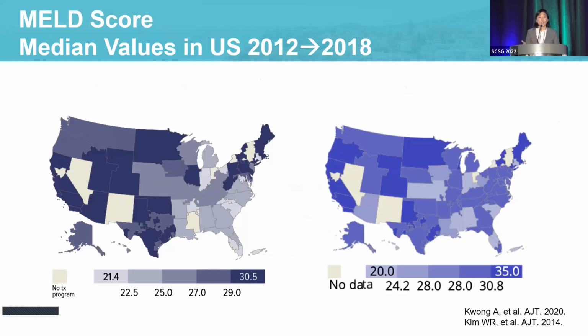This also demonstrates how patients are getting sicker. Over a 6-year period, you can see the map on the very left that Southern California had median MELDs at transplant of 30 in 2012, and over 6 years, they only got sicker with a MELD of 35, and this is prior to even the change in the MELD scoring system to MELD sodium.